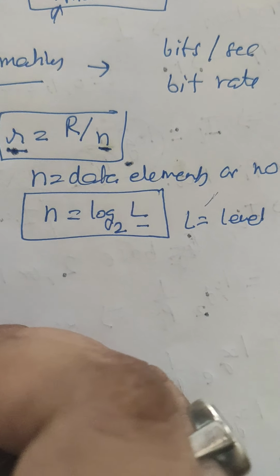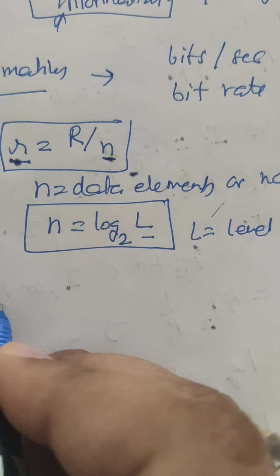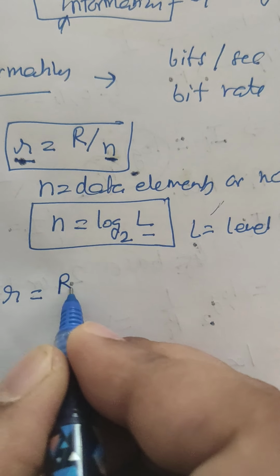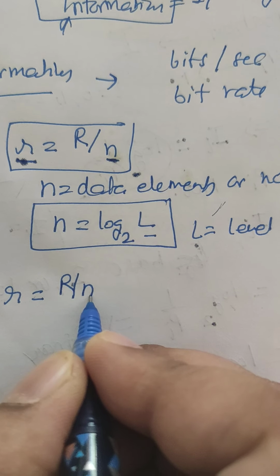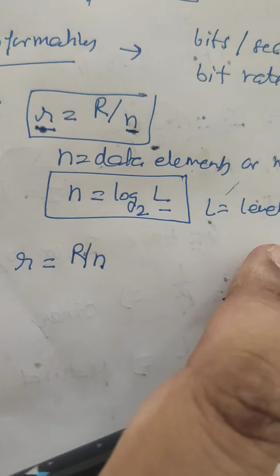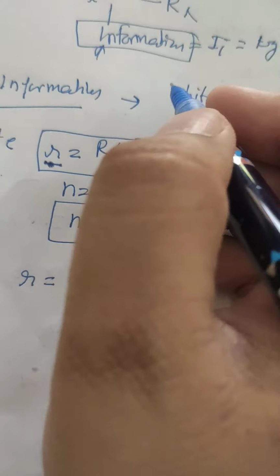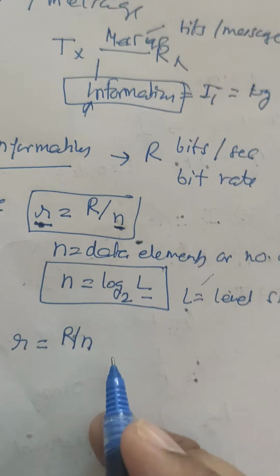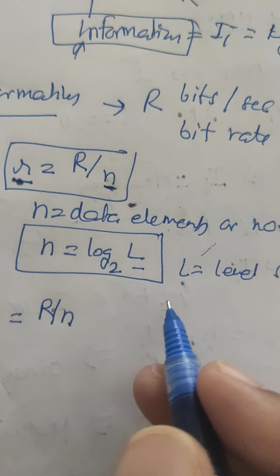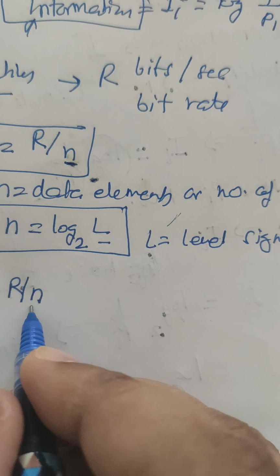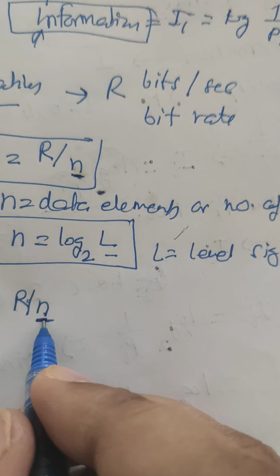Taking the formula, we know that R is equal to capital R upon n, where capital R is the rate of information upon the number of data, small n.